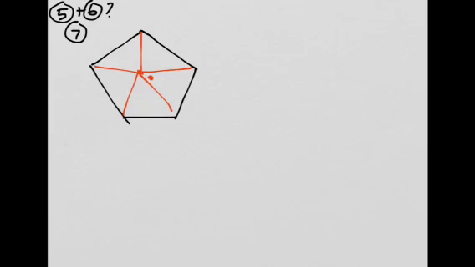So if I take that triangle, okay, the blue one here, if I take that triangle out, I know that this angle here is 72, because 360 divided by 5 gives me 72. The question tells us what the side is, 12. So that means this side here is 12.